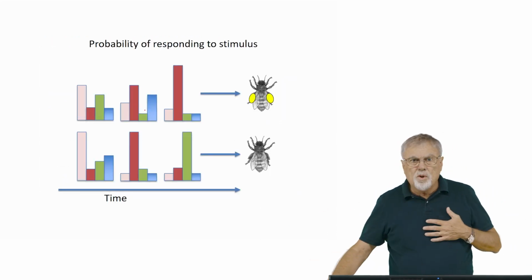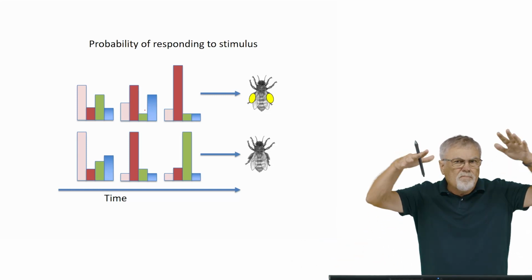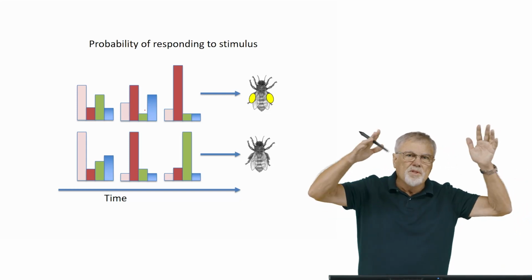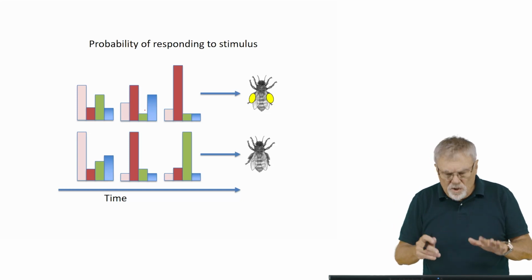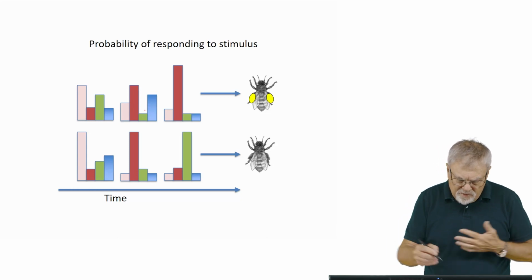So as an individual ages, her response thresholds for who knows how many, hundreds, thousands, millions maybe, stimuli that they encounter in their nest, their response thresholds to those different stimuli change. So this reflects just 4.